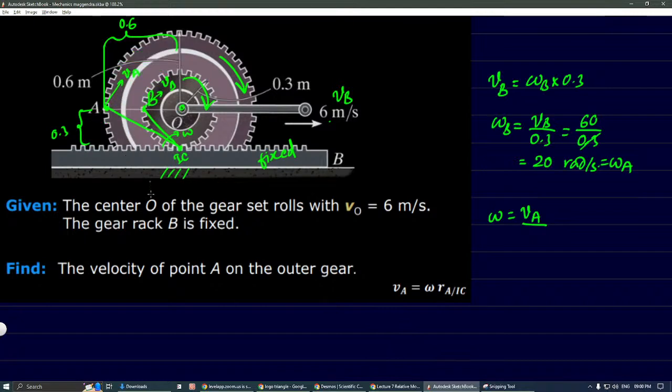So that we need to use. Omega equal to VA divided by this length. How much is this length?